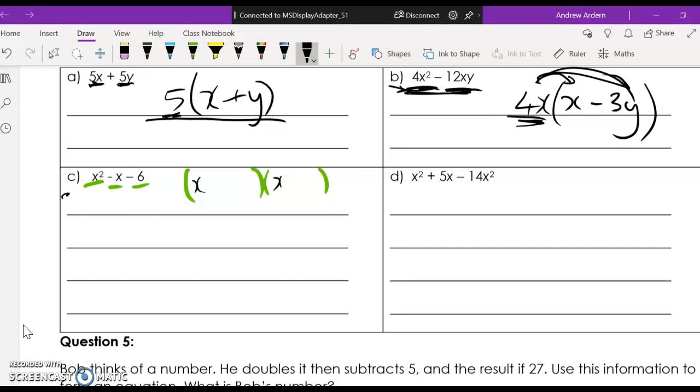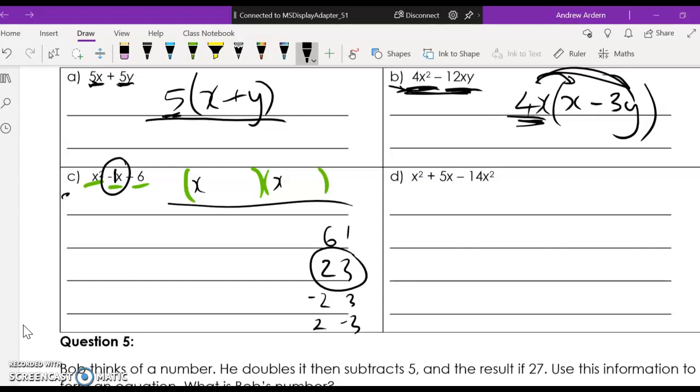Okay, back to letter C. It is a quadratic, so it's going to have pairs of brackets, and either I'm going to choose 6 and 1 or 2 and 3. One of the pairs has a difference of minus 1, and the only one that does that is 2 and 3. And because it's minus 6, it's either minus 2 and positive 3 or positive 2 and minus 3.